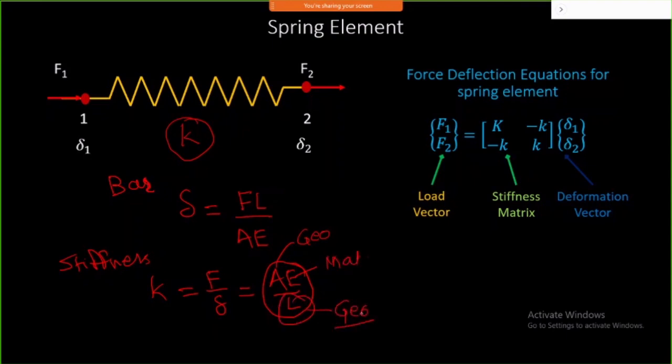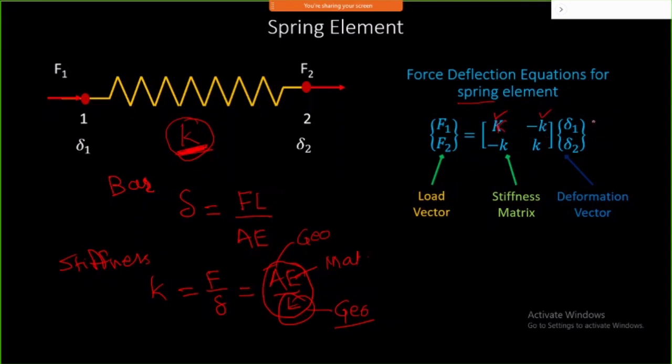We are now not considering A, E, L separately, but only taking the final K value here, and we are solving one or two numericals on this, and later moving towards actual bar examples. So for this purpose you can see the force-deflection equation for the bar element or spring element. Here K is there, and this is another K.